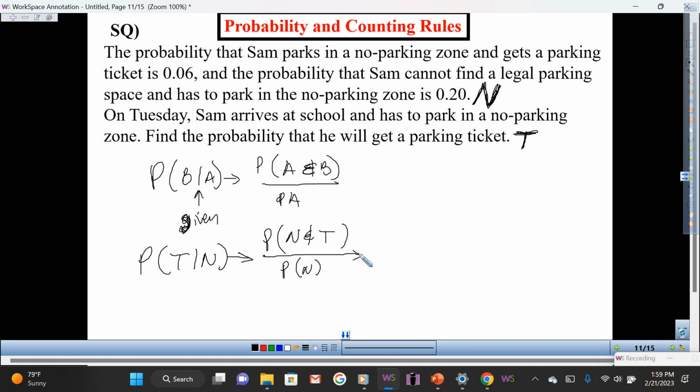So therefore, what is P of N and T together? No parking zone and a ticket is 0.06, over, and what's no parking zone? 0.20. So, hands if you got, what is 0.06 divided by 0.20?